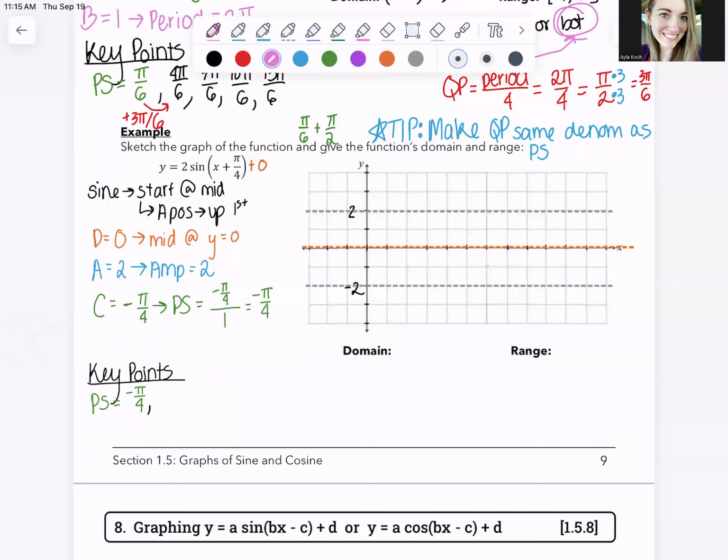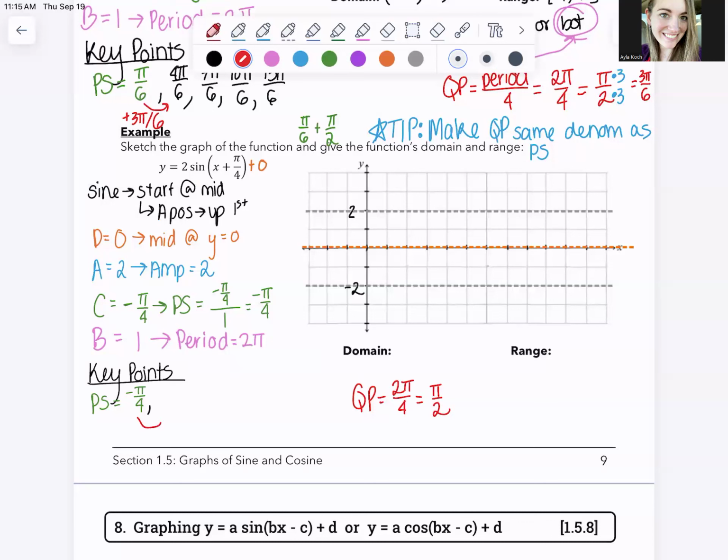I was doing all that so that I could have room to write B. This B is 1, we already said that, and it means the period is 2 pi. The quarter period is the period divided by 4, so that's 2 pi divided by 4, pi over 2.